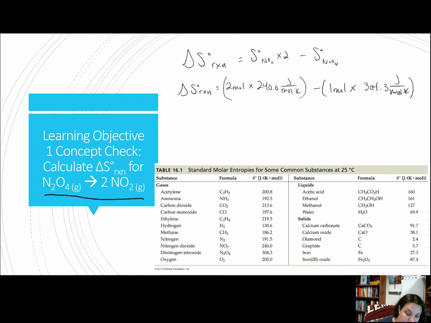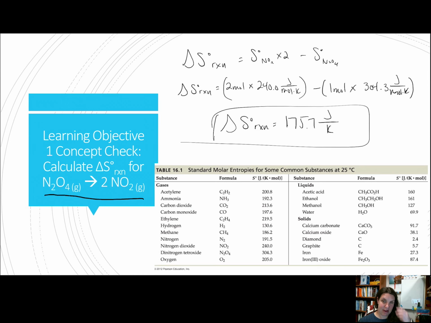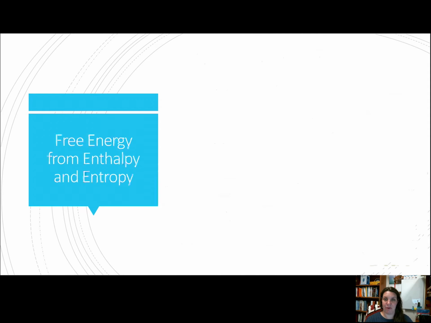And when we multiply and subtract, we get a value of 175.7 joules per Kelvin. Fantastic.